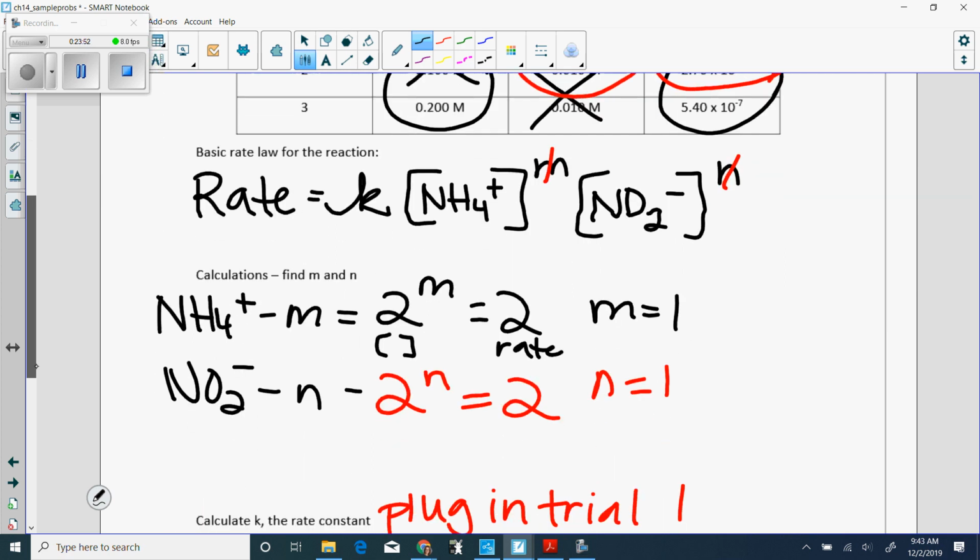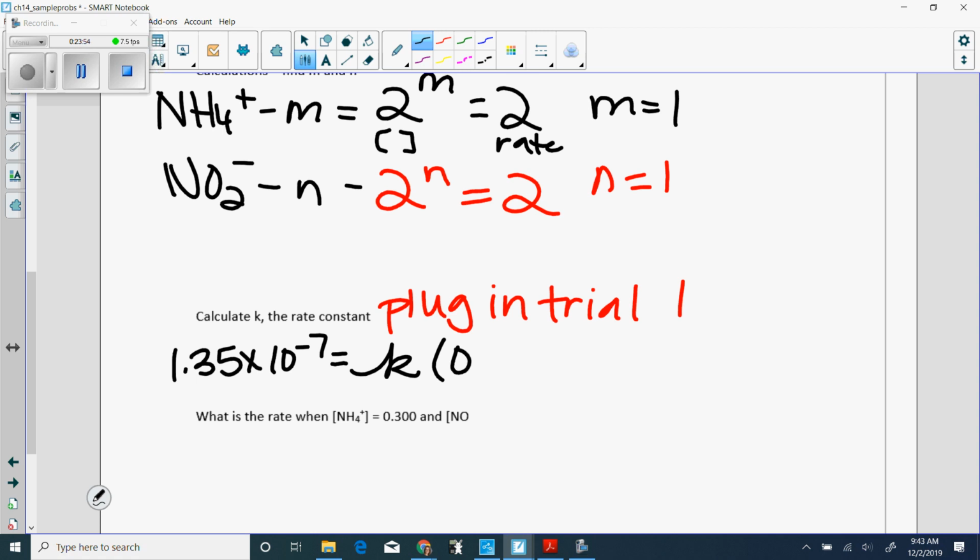I know monkey is 1, times the concentration of narwhal. Is it 0.005? I didn't actually look. Okay. And I know that narwhal is 1. And then it's just down to button pushing and a little bit of algebra. Okay? Solve for k. We're solving for m right now and y equals mx plus b.